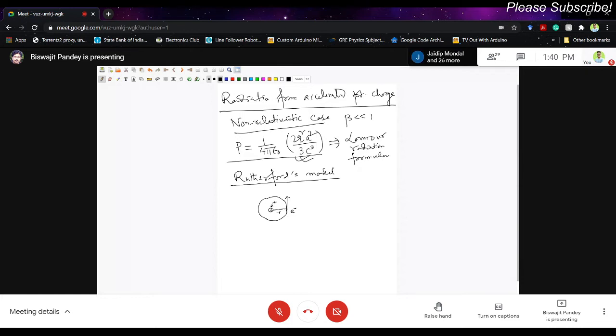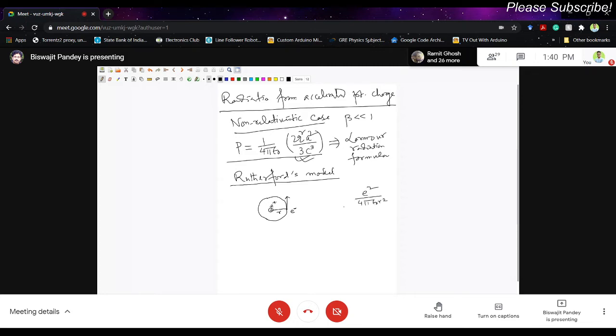When we have a stable circular orbit like this, the electron and proton are bound together by the electrostatic Coulomb force, which is given by e square divided by 4 pi epsilon 0 r square.